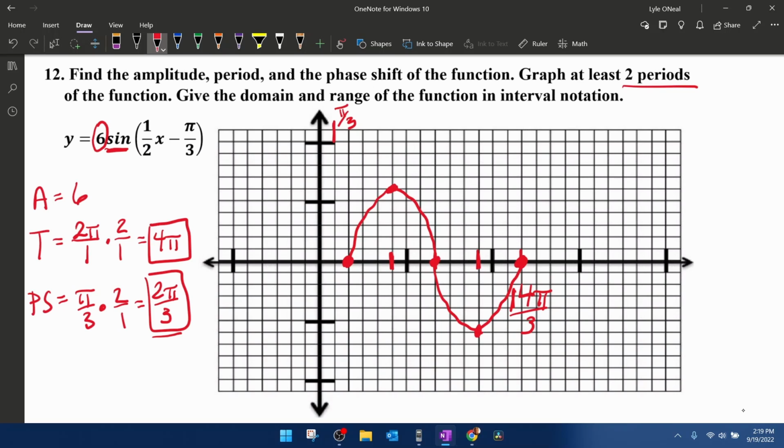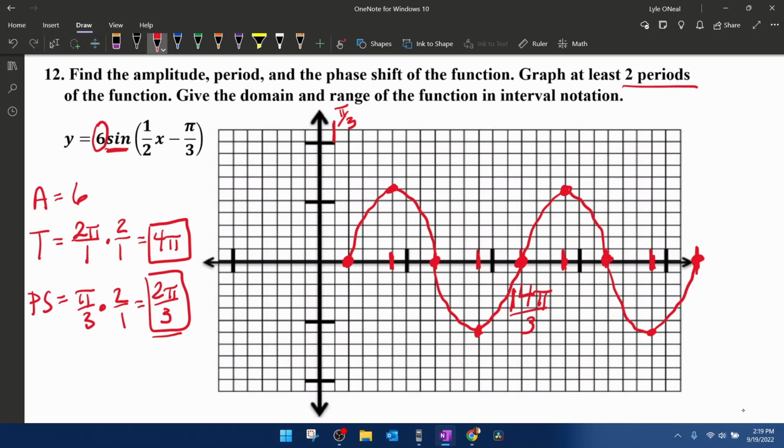So we're going to copy and paste. Here we go. Remember, every 3 spaces is a pi. 1 pi, 2 pi, 3 pi, 4 pi. We're going to finish 1 hash mark off the edge of the graph. Here we go. Up, down, down, and up. And connect the dots.